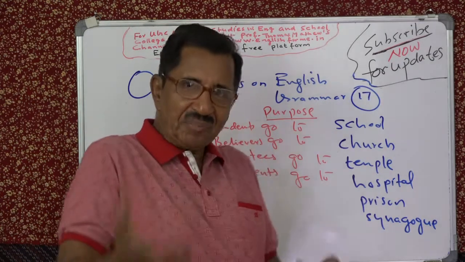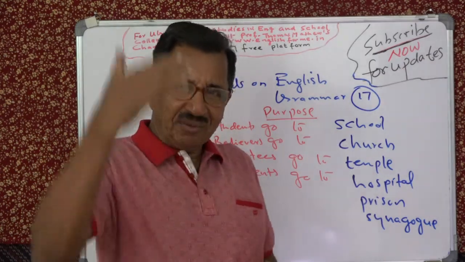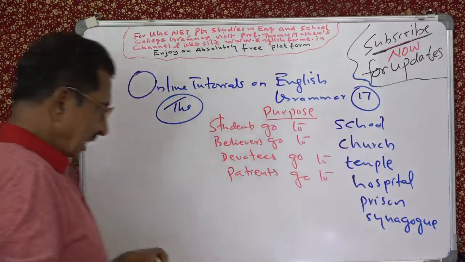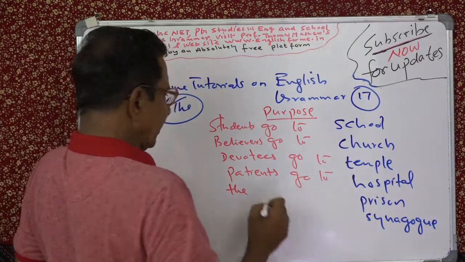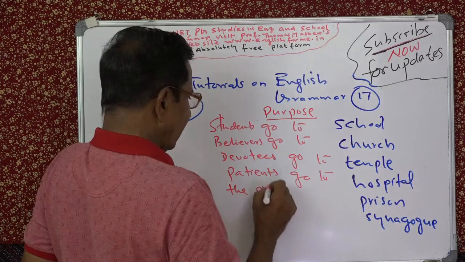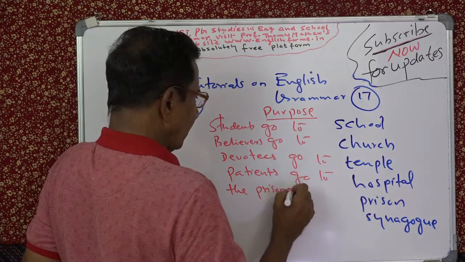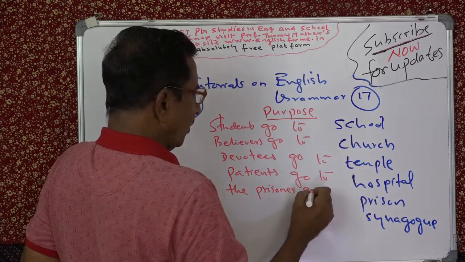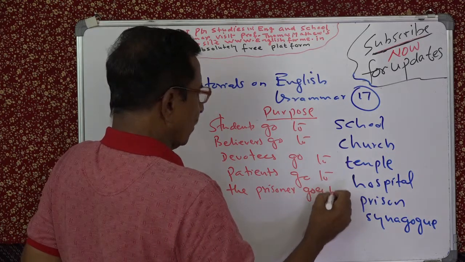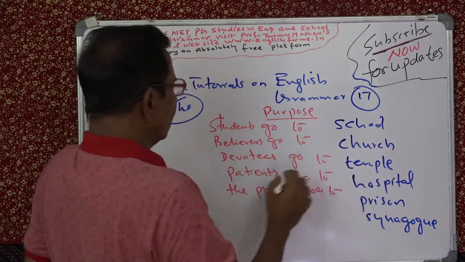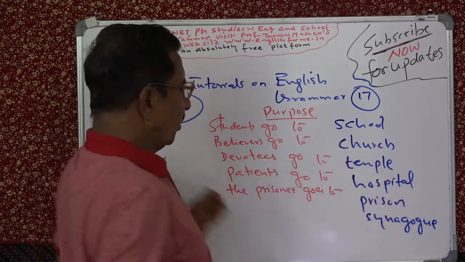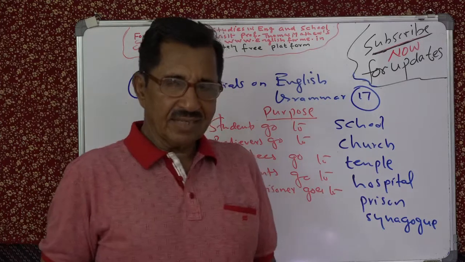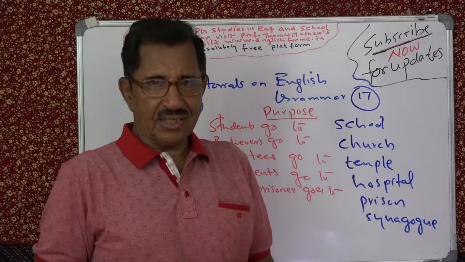They are going for the purpose for which that building exists. The prisoner goes to prison. Devotees go to temple, believers go, students go. The prisoners go to prison.